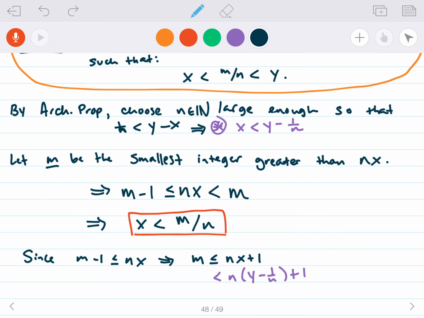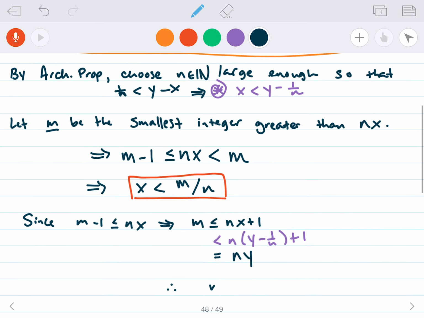Okay. And if I simplify this, let's see, ny minus 1 plus 1, so it's just going to be ny. And therefore, we have m less than ny, right? So m is less than ny.